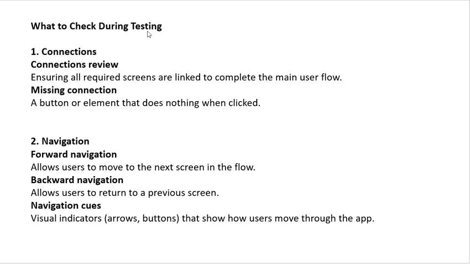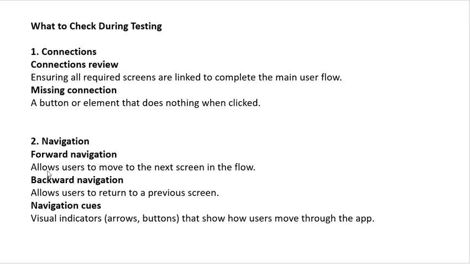What to check during testing? First, the connections. Review that all the required screens are linked to complete the main user flows, and look for missing connections, such as buttons or elements that do nothing when clicked. The second is navigation.